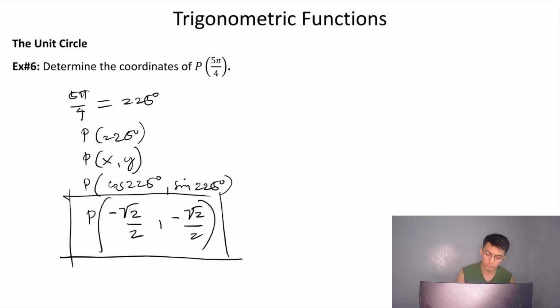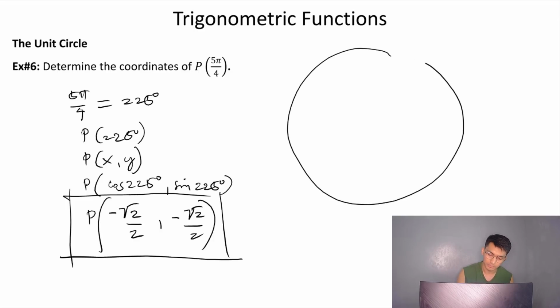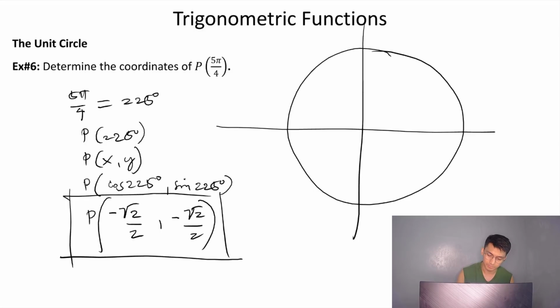We draw the unit circle ulit. Ito ang ating unit circle. This is the origin. And this is the initial side. So, 225, malamang lalampas yan ng 180. So, this one, hanggang dito, hanggang dyan. Assuming this is the exact place.